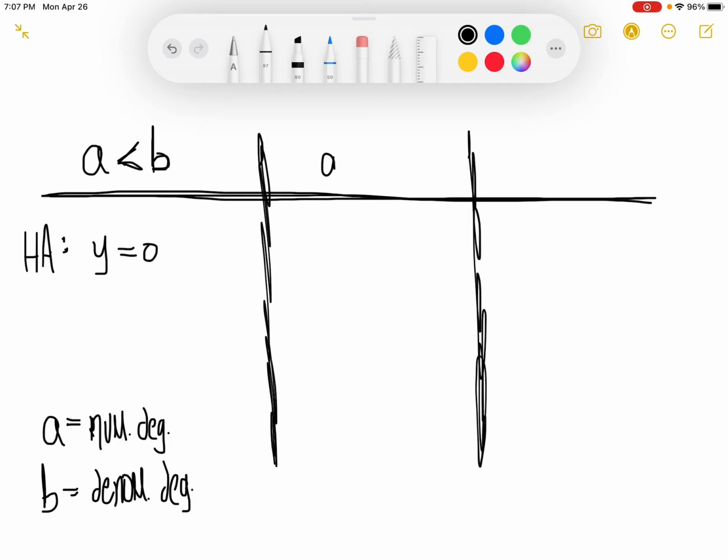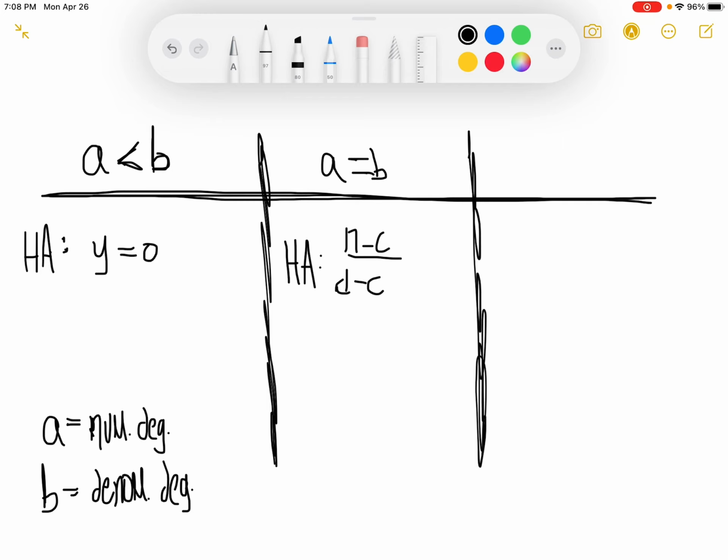But if they're equal, it's not the degrees that you simplify, you do the numerator coefficient divided by the denominator coefficient.